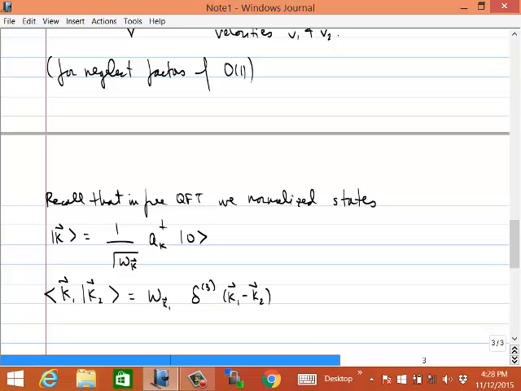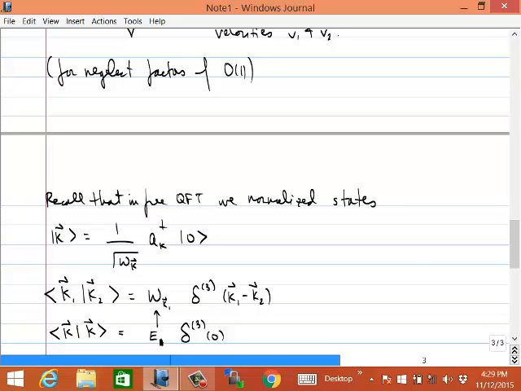So the norm of a single particle state of momentum k, well, you get a factor of the energy of the particle, so we'll call that E. Maybe I'll call it E sub k. I'll just call it E. Along with a delta function of 0. But that delta function of 0, that's infinity, but what is that infinity?